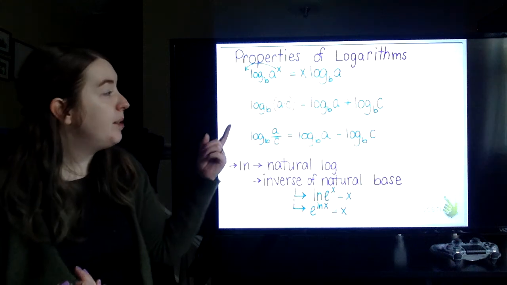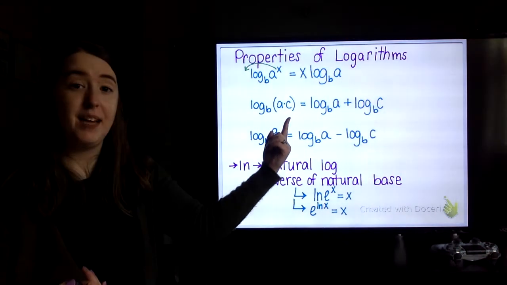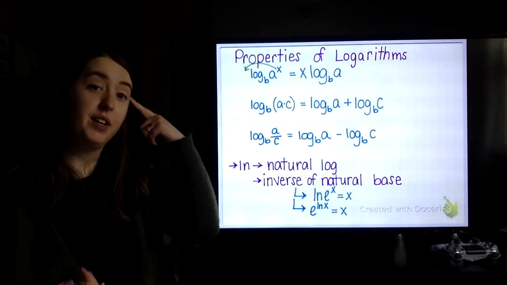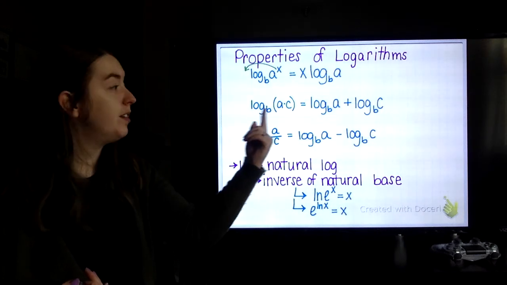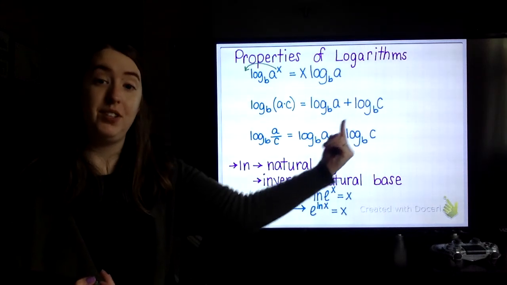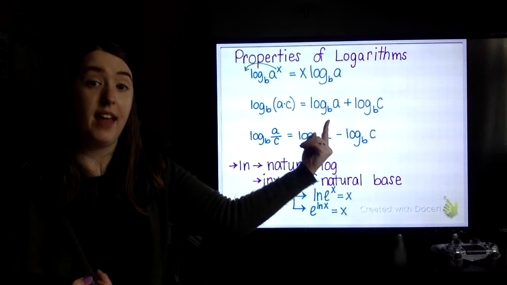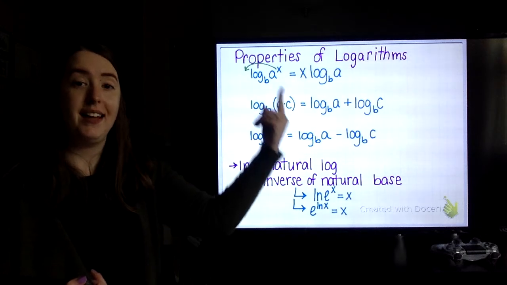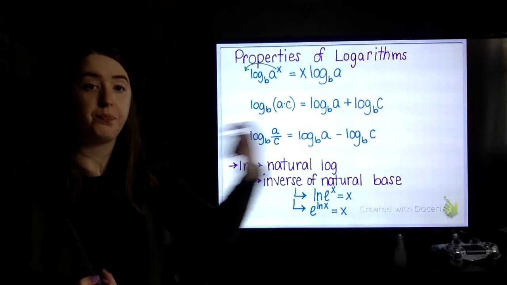So now that we're talking about logarithms, if I have log base b of a times c, since a and c are being multiplied, we can go back and think about, well, what did we have to do with the exponents? We added them, right, when we were multiplying our bases. So when I break this up into two different logs, I can write it as log base b of a plus log base b of c. So since a and c were being multiplied, I add their logs together.